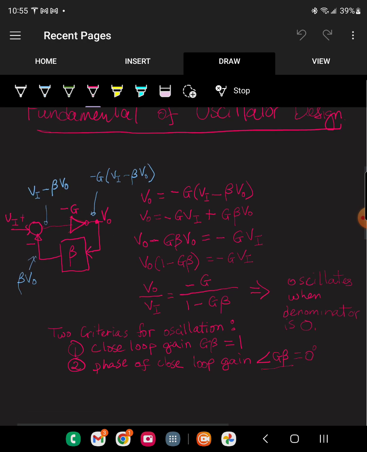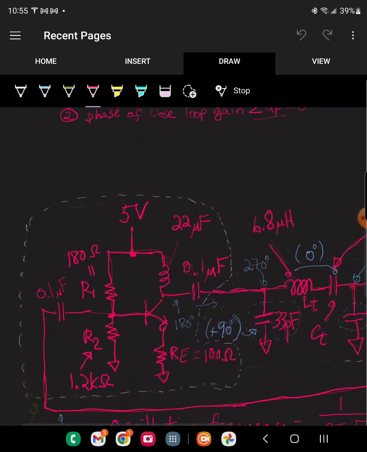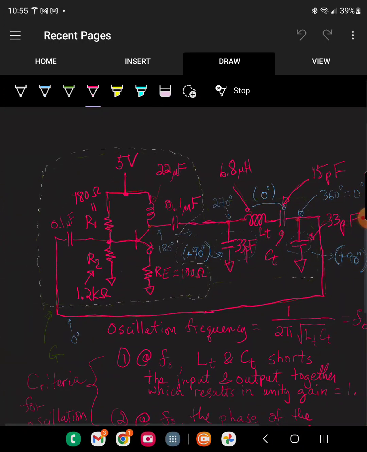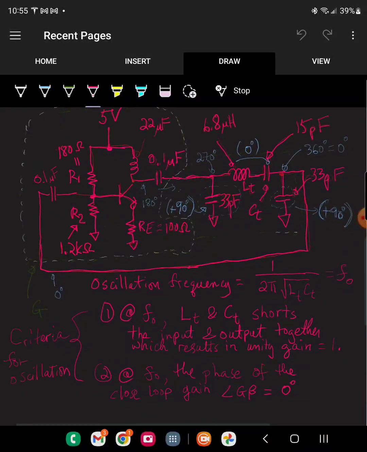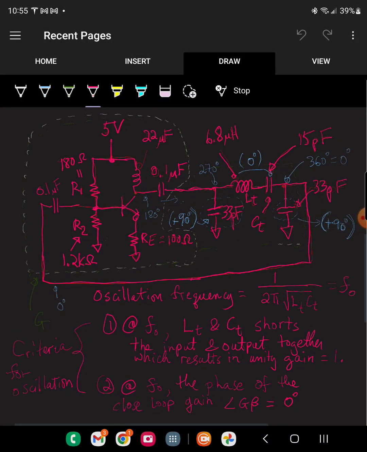Let's go through an example of this feedback loop amplifier. This is the amplifier I designed last night. So here you have a classical common emitter amplifier, an inverting amplifier.